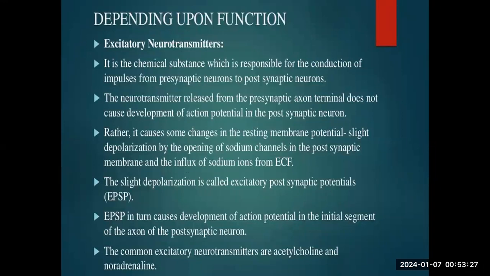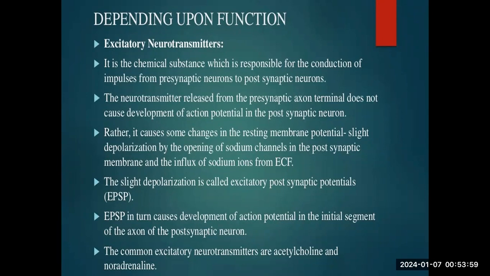Depending upon function, the neurotransmitters are grouped into excitatory neurotransmitters, a chemical substance which is responsible for the conduction of impulses from the presynaptic neuron to the postsynaptic neuron. The neurotransmitter released from the presynaptic axon terminal does not cause development of an action potential in the postsynaptic neuron.